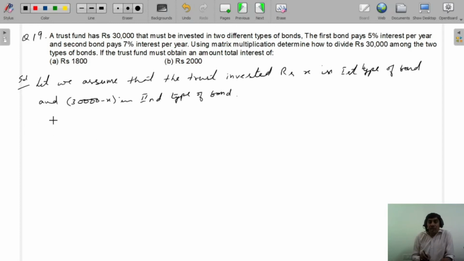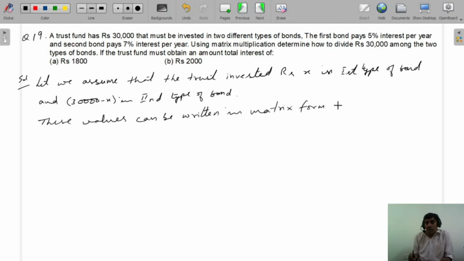These values can be written in matrix form as [X, 30,000 minus X], a 1 by 2 matrix.